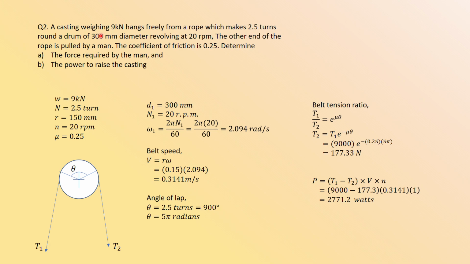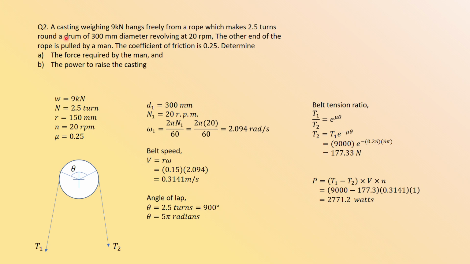The angle of wrap will be based on these 2.5 turns. That means how many times it is lapping over the pulley or wrapping the pulley. So you have to take 2.5 times 2 pi. Therefore you have 5 pi for the angle of wrap actually.